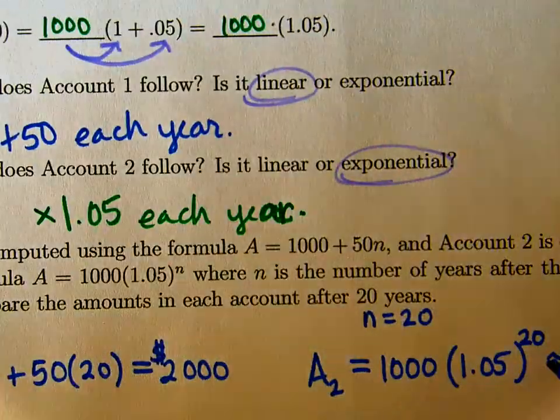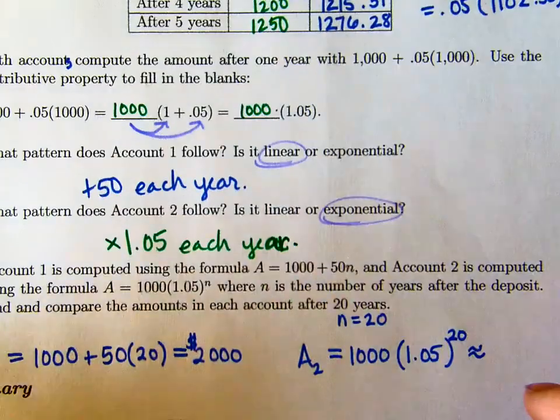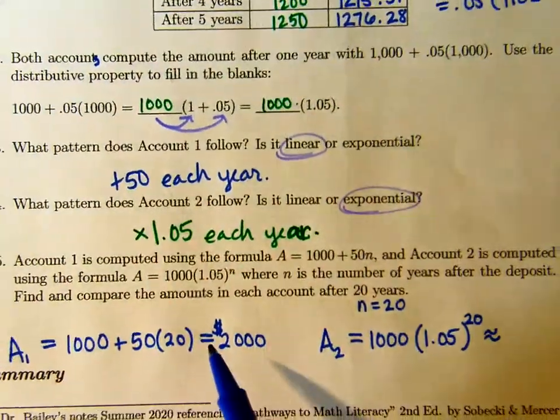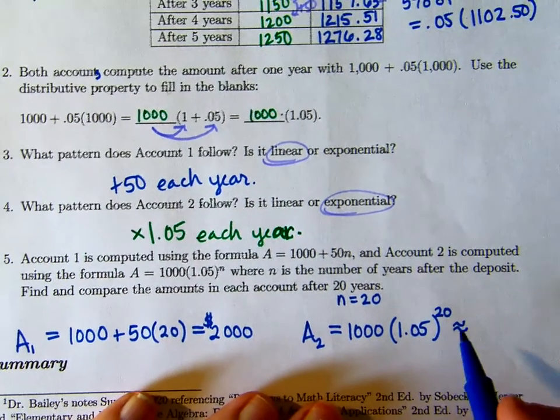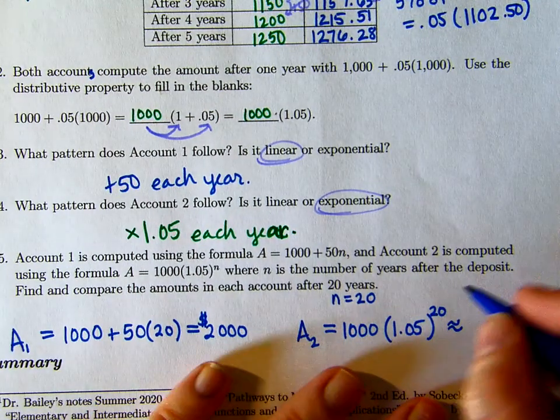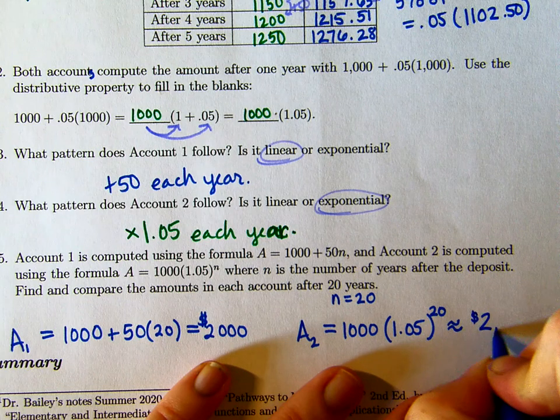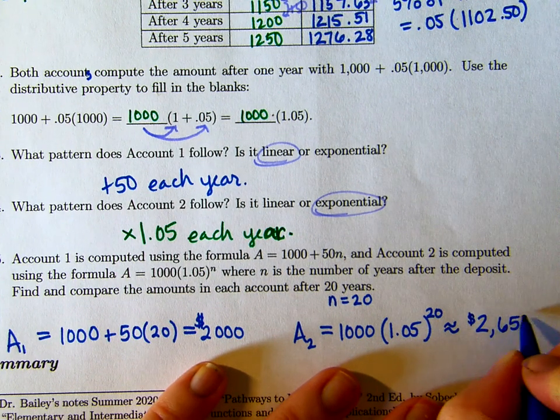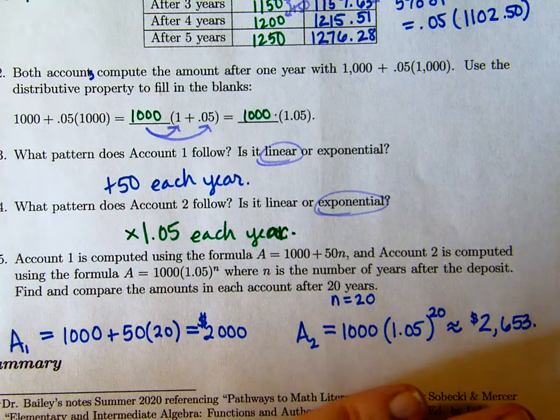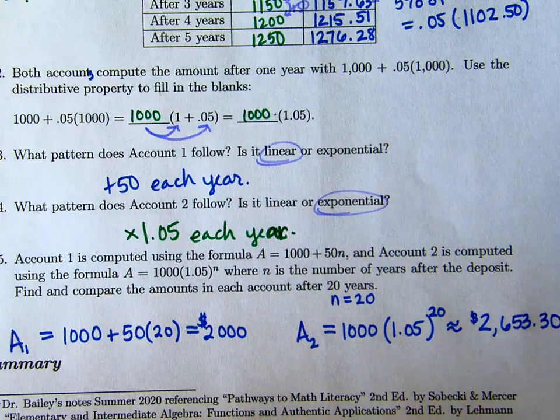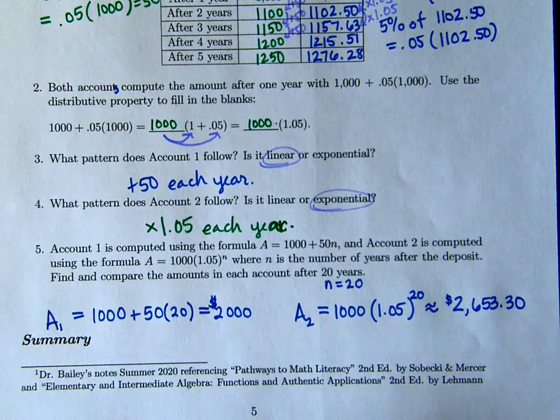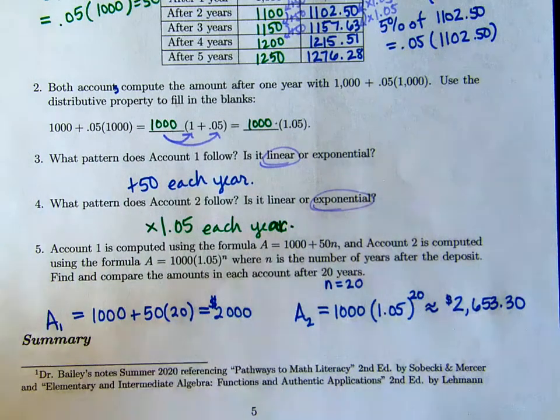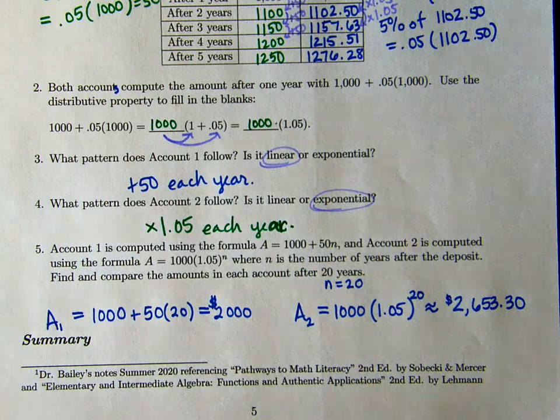So approximately, and so you notice that there is a difference in my opinion from exact equals to a rounded or estimated equals, like where we're waving our hands. $2,653 and about 30 cents. Okay, after 20 years.